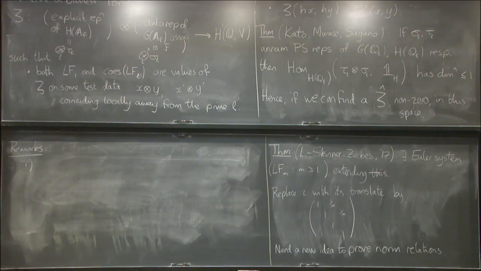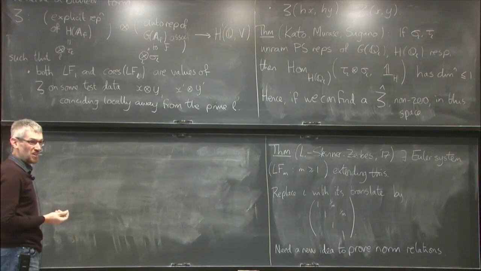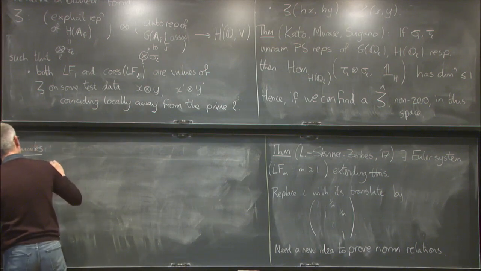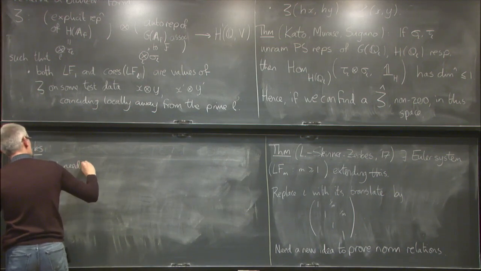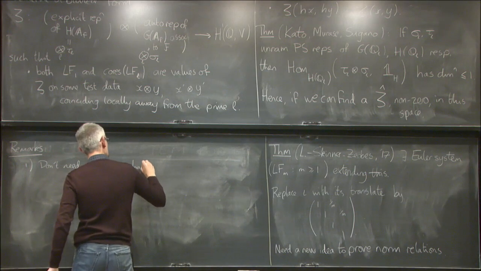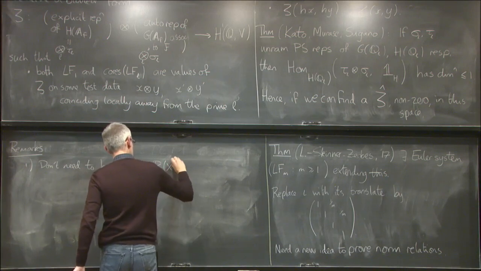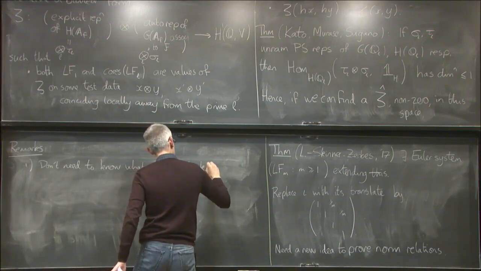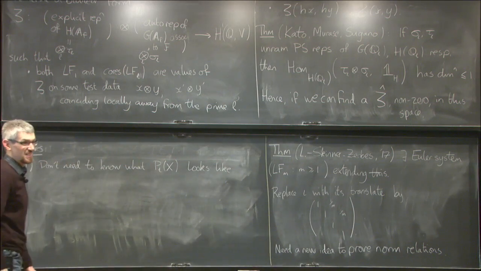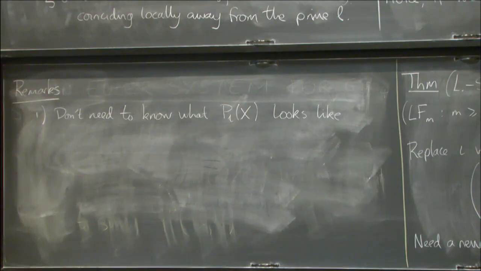So the first remark is you don't actually need to know what pl looks like, what the local L factor is, for this calculation to work. You know that zeta integrals produce L factors, that's what they're for. There is an expression for pl of x as coefficients of various linear combinations of Hecke eigenvalues, but it's rather complicated.